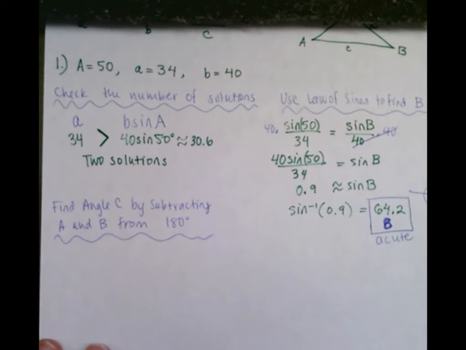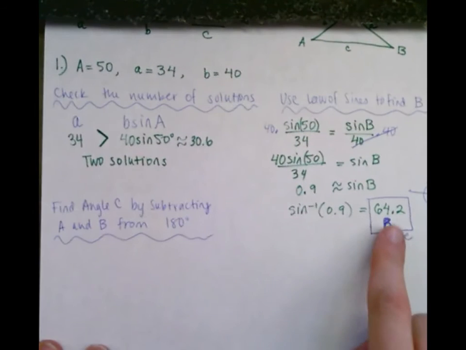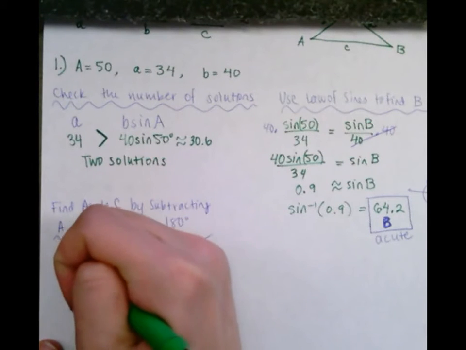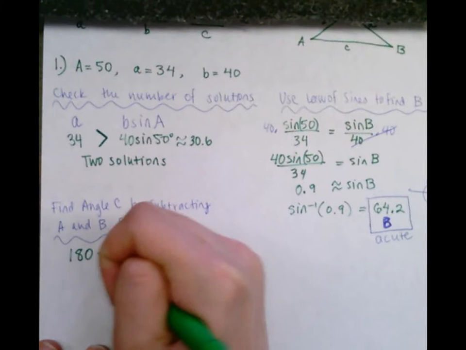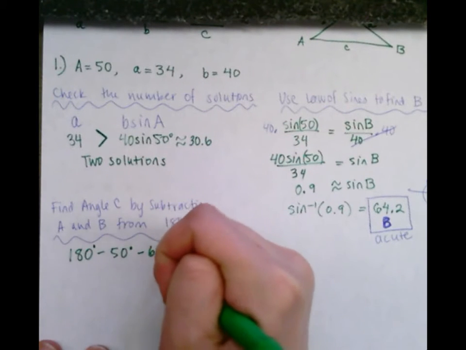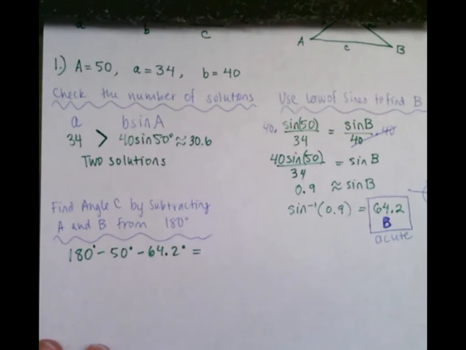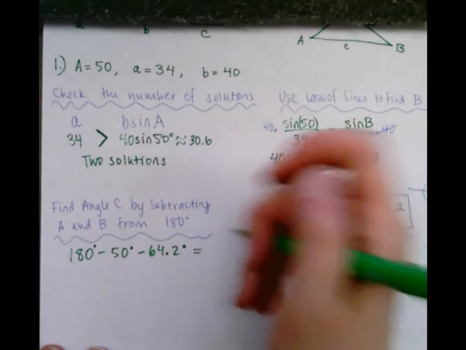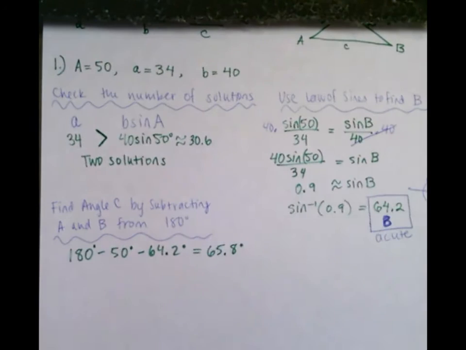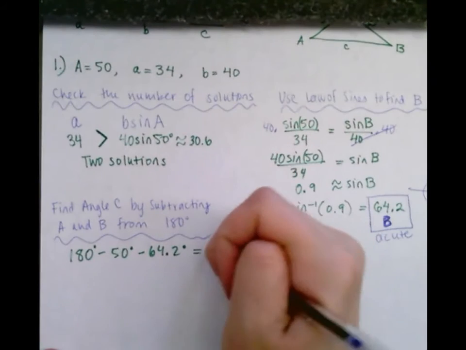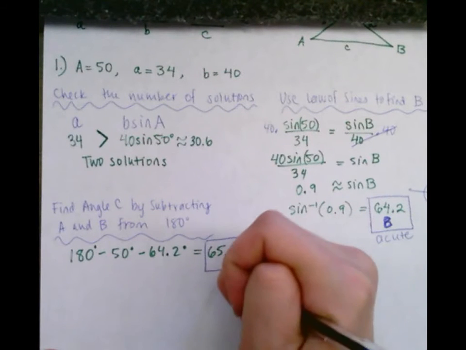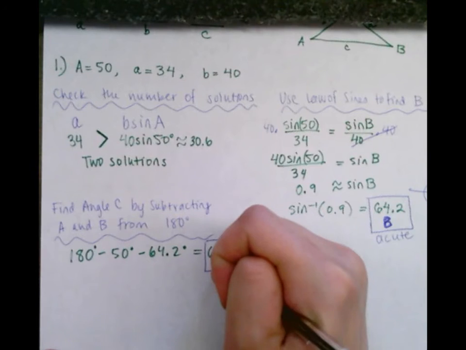So if we have two of the angles as 50 and 64.2, we can get the third one by just figuring out what that last number needs to be so that they all three add up to 180. And when we do that, we get 65.8. Okay, so what does that mean? That means that our angle C is 65.8.